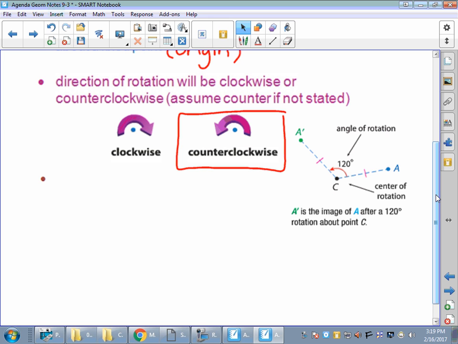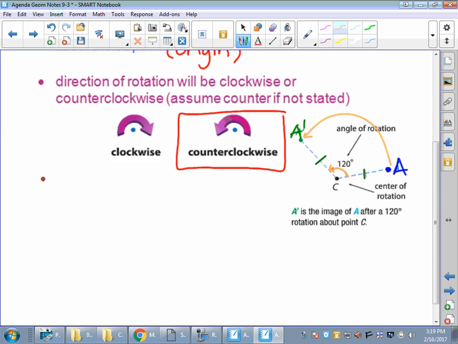So notice on this little diagram, I've got point A. This is my pre-image, and I'm going to rotate that 120 degrees counterclockwise. So here's my 120 degrees. It's counterclockwise, so it's going towards the left. And that A prime ends up being out here, equidistant from that point of rotation, which will be the origin.